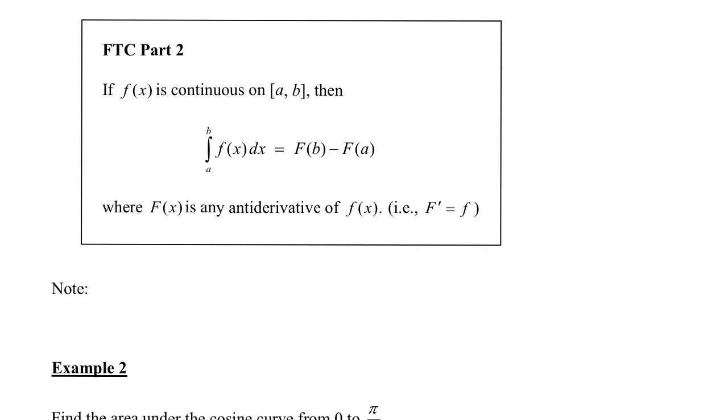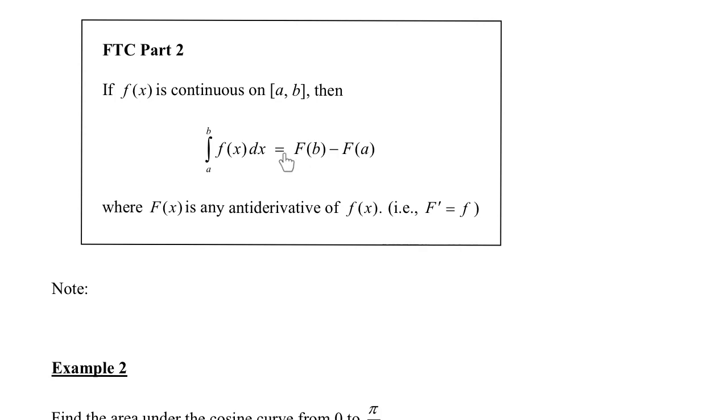But here it is. The Fundamental Theorem of Calculus, Part 2 says, if f of x is continuous on [a, b], then integrating this function from a to b, it turns out we can turn it into a subtraction problem as long as we know an antiderivative. In other words, this is like 4.9 notation, right?